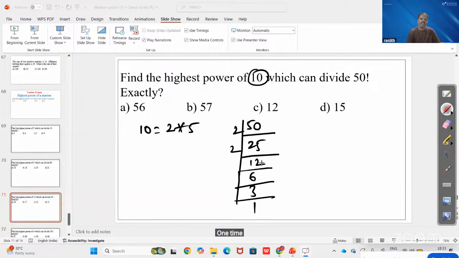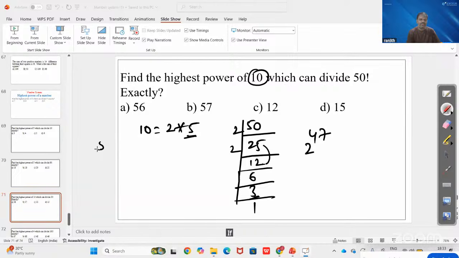Now we need to add all the values: 25, 12, 6, 3, 1. So 25, 37, 40, 47. 2 power 47. And the next will be 5.